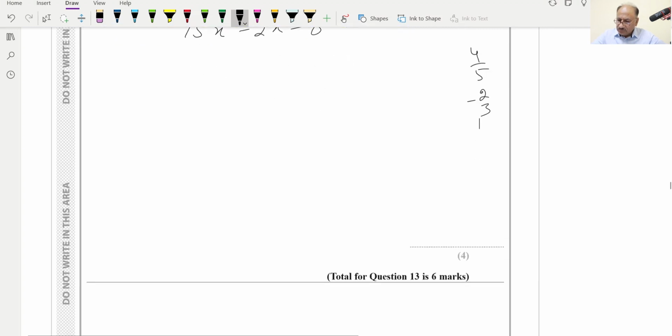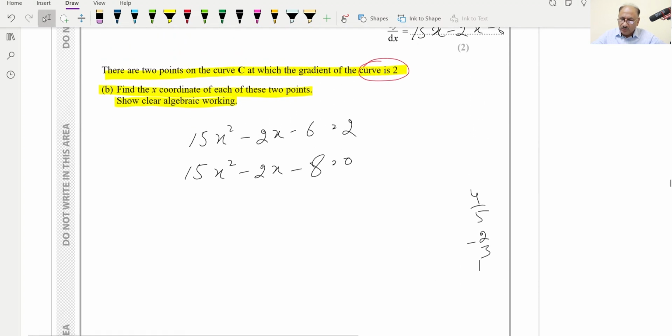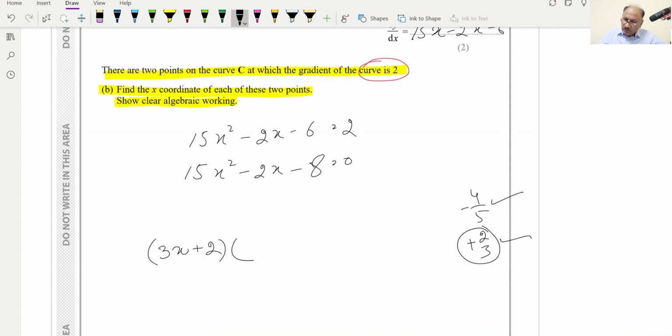And because this is a 4-mark question, we cannot write the direct answer, we have to show the working. So what we will do, we'll change the sign of these values and utilize them. This is 2 by 3, so I will write 3x plus 2 with the help of this 2 by 3, and with the help of this one I'll write 5x minus 4 equal to 0.